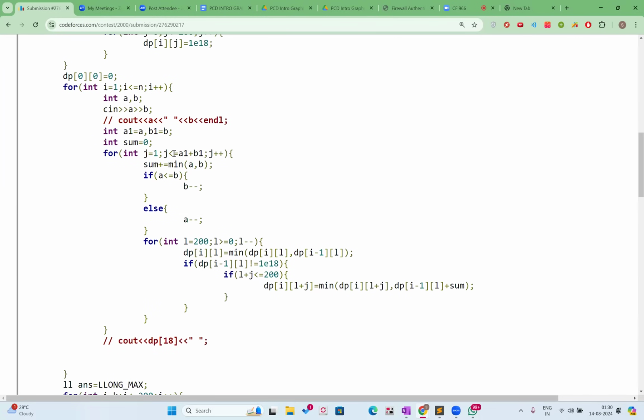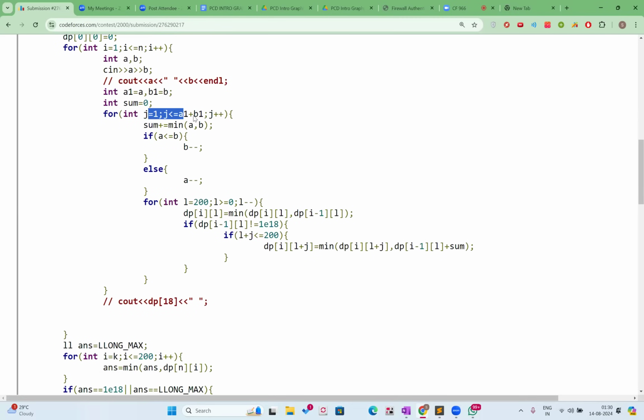Now I made a copy of a and b, a1 and b1. I'll show you why I made a copy. So I loop up to a plus b, because these are the scores that can be obtained from this particular rectangle, from 1 to a plus b, right?